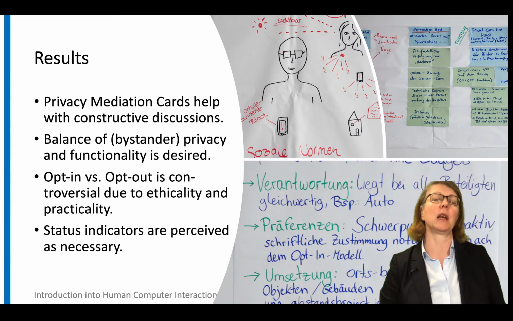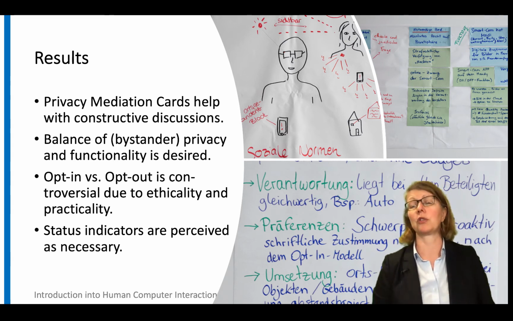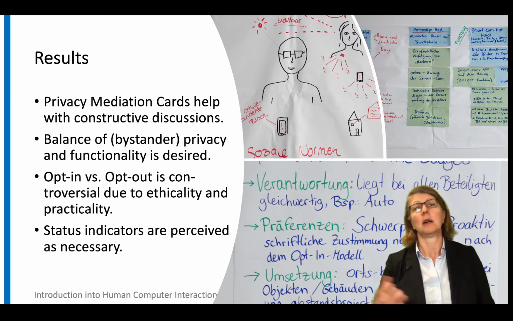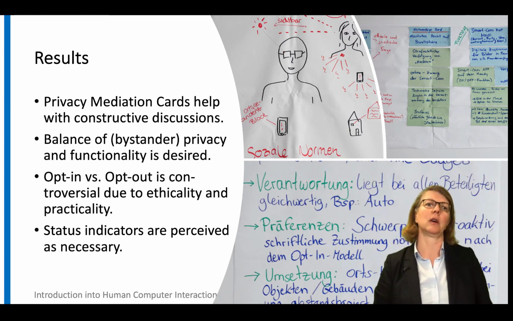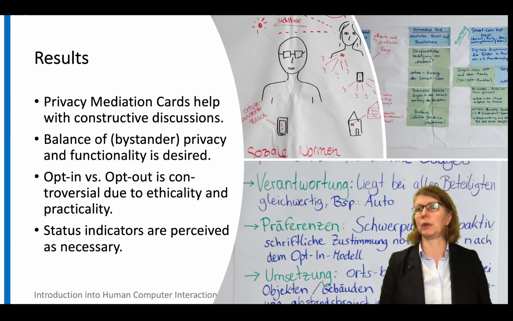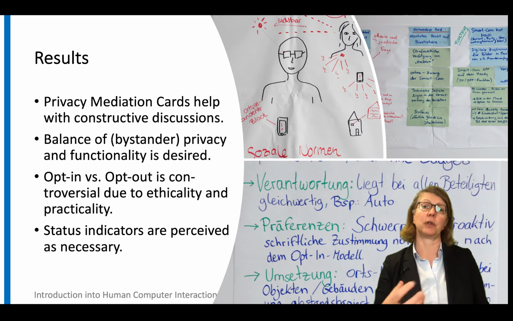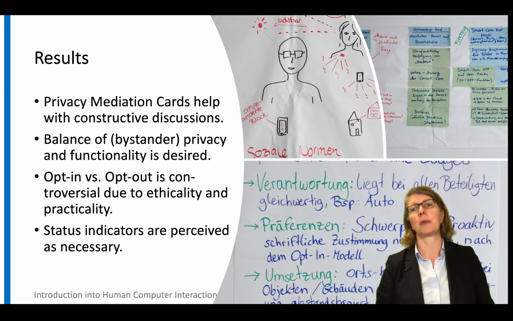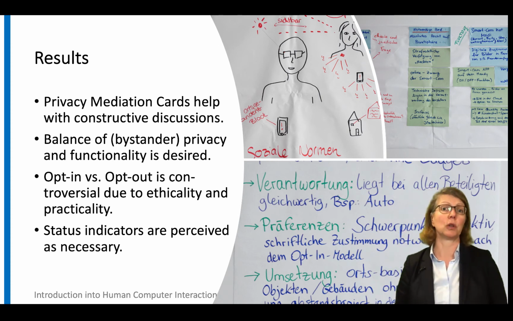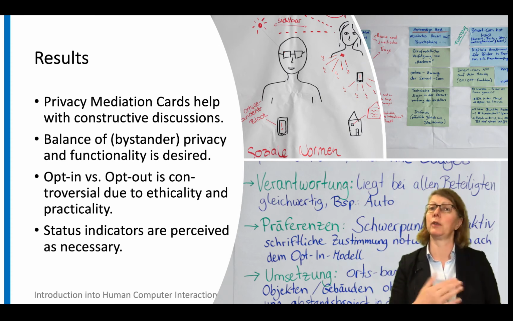But it was only 2 workshops that brought already deep insights into the question of how the balance of privacy and functionality should be well selected, if I should opt in or opt out if someone is taking a camera and is taking pictures of me, if I should know by a status indicator that this camera is on and I'm sure that someone is taking pictures, or if it's shut off.